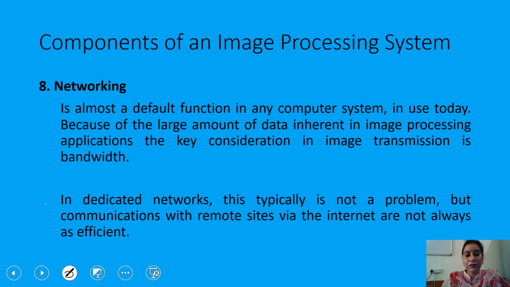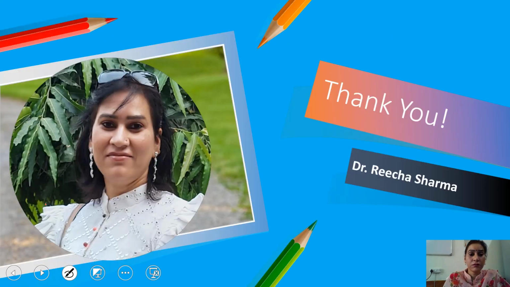In dedicated networks, this typically is not a problem, but communication with remote sites via the internet is not always as efficient. So networking is required for remote areas, so that we can transfer the data through networking. So this is all about the components of digital image processing.